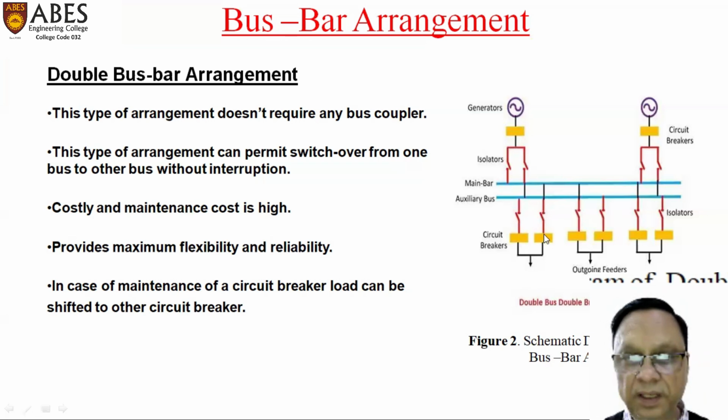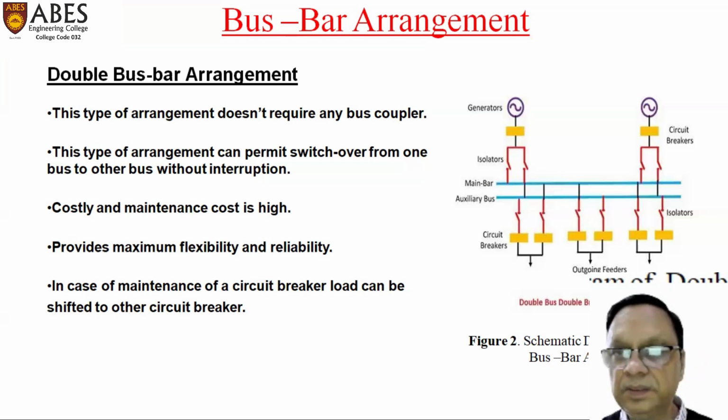So it's a very convenient way of shifting load from one circuit breaker to the other. So there will be no discontinuity of the power being transferred from the generator to the outgoing feeders.